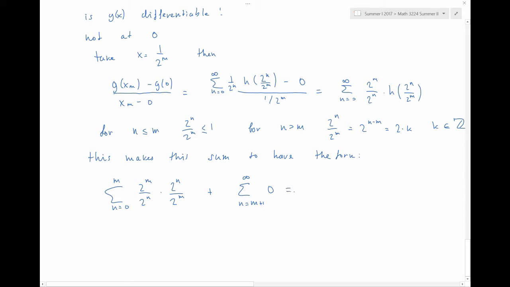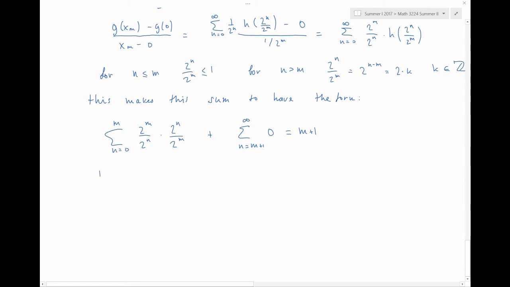So it's going to be adding 1s counting from 0 to m, so it's exactly m plus 1. Therefore, the limit as x goes to 0 of g of x minus g of 0 over x minus 0 doesn't exist.